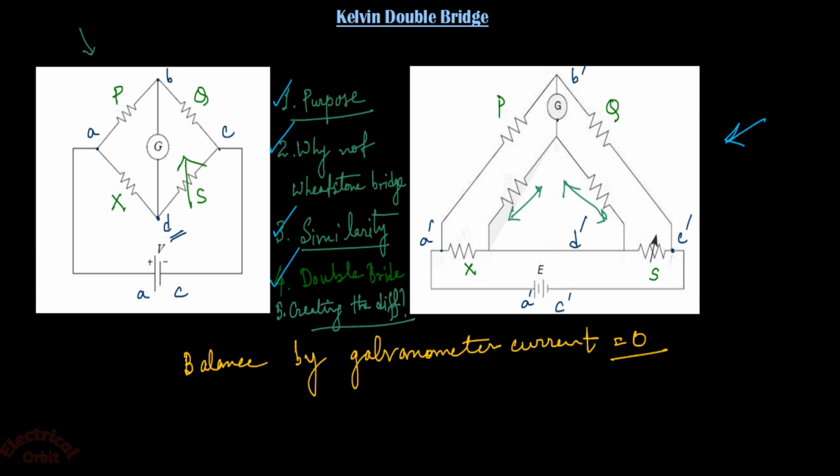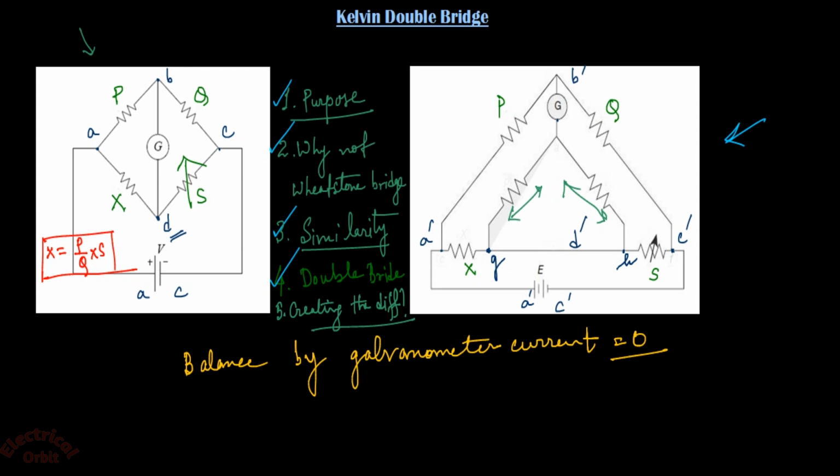For that, let us name this terminal G and this H. Whatever we found in the Wheatstone bridge is X equal to P by Q into S. This was the relation we obtained in the Wheatstone bridge lecture.